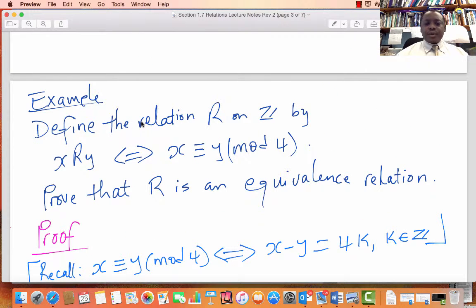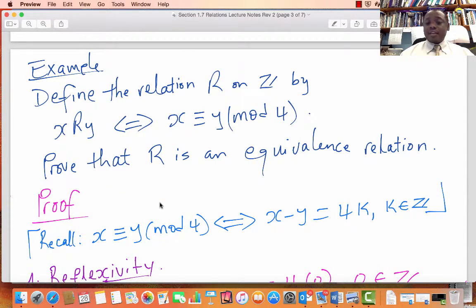Example, define the relation R on the set of integers by x is related to y if and only if x is congruent to y mod 4. I want you to prove that R is an equivalence relation, i.e., reflexivity, symmetry, and transitivity hold.